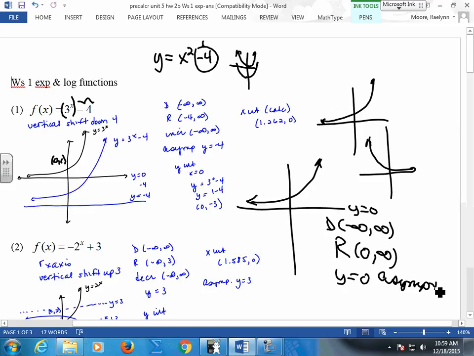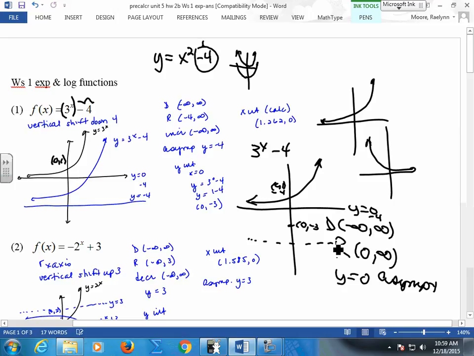Now, watch. Here's my transformation. 3 to the x -4. Everything's going to shift 4 units down. So this point 0, 1, I'm going to say, oh, subtract 4 from that 1. It's going to come to 0, -3. This 1 is going to move down.